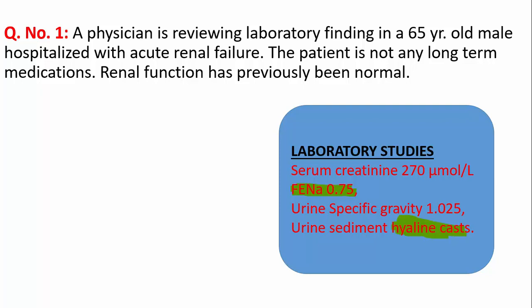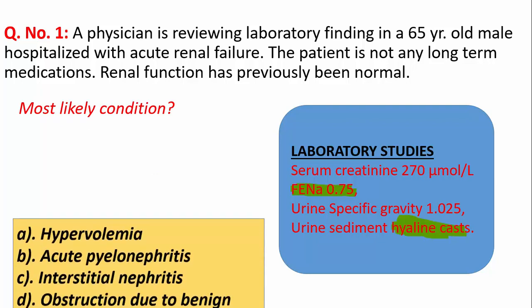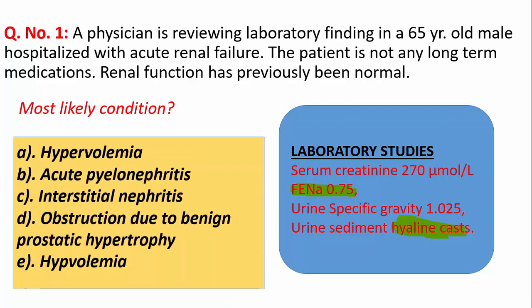But here the fractional excretion is less and urine sediment shows hyaline casts. So the most likely condition: hypervolemia, acute pyelonephritis, interstitial nephritis, obstruction due to benign prostatic hypertrophy, or hypovolemia. We have already discussed that when FENA is less than 1%, it is most probably a pre-renal cause.